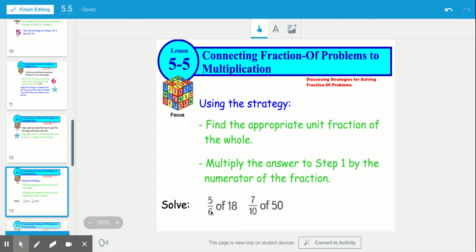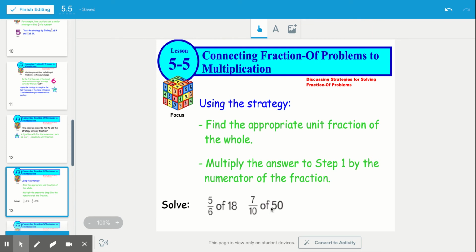For example, if we found a unit fraction of 18, we would take 18 divided by 6, and you would get 3. Then you take the answer of 3 and multiply it by the numerator, 5. So 3 times 5. So 5/6 of 18 equals 3 times 5, or 5/6 of 18 equals 15.